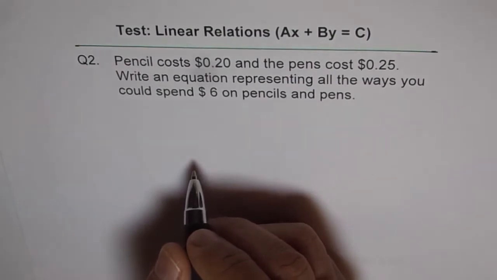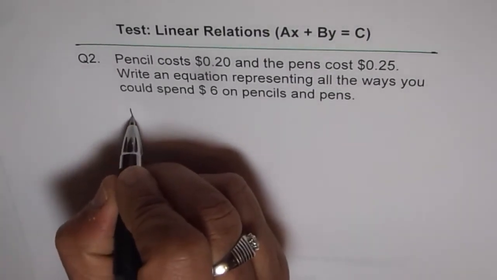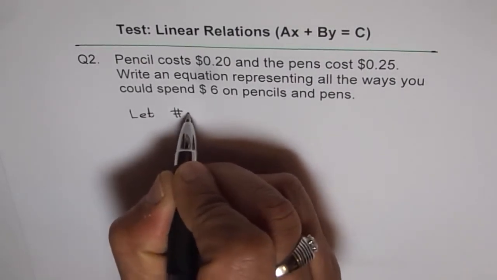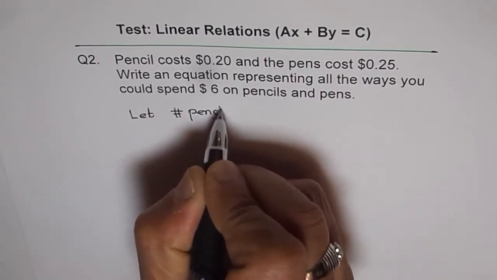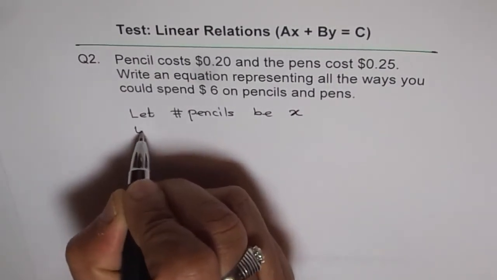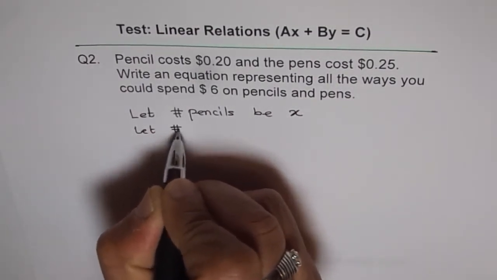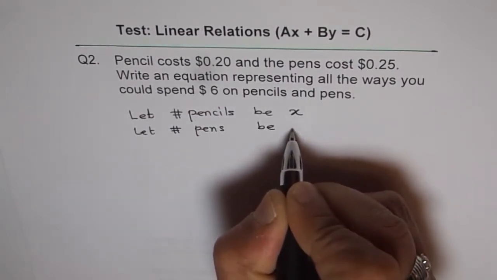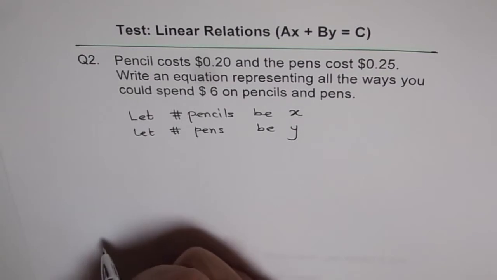Let's first define our variables. Let the number of pencils be x, and let the number of pens be y. So we got two variables.